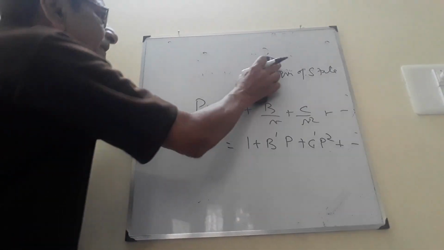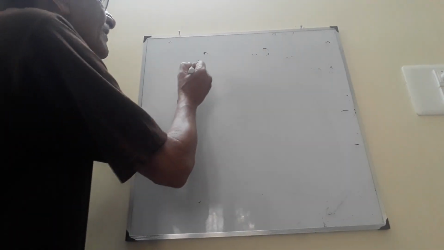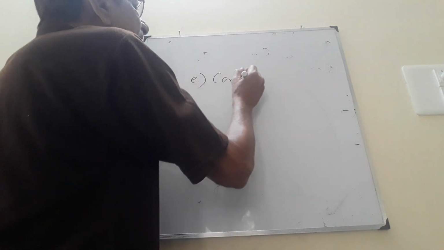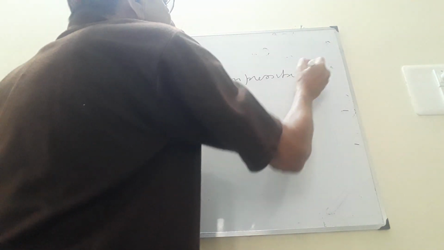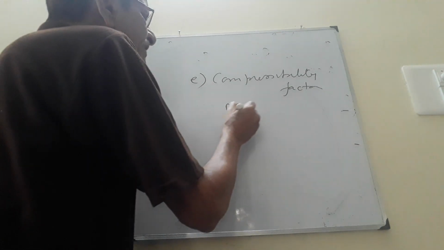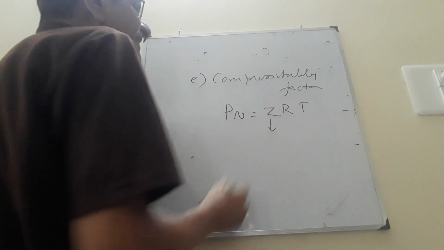Then the fifth equation of state, I'm going to take only a few, is based on the compressibility factor. It's of the form PV equal to ZRT. Z is called the compressibility factor.